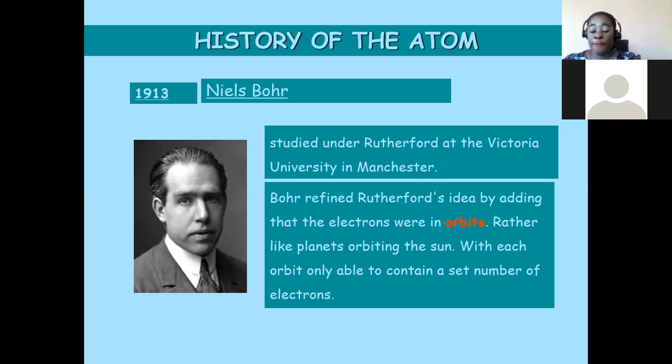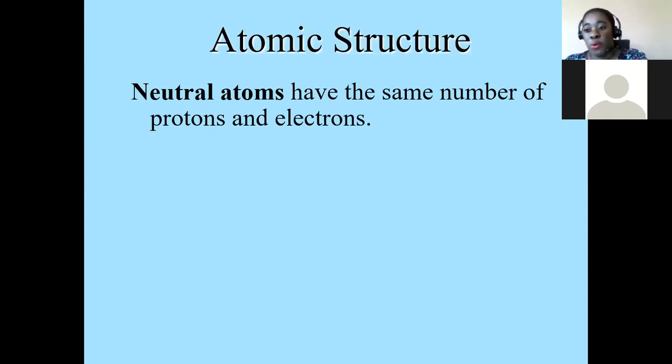He refined Rutherford's idea by adding that the electrons were actually in orbits rather like planets orbiting the sun, with each orbit only able to contain a set number of electrons. And that's what we were doing earlier before we did isotopes. So I want you to jot down some uses of isotopes in addition to the ones that we just did. Yes, miss. All right.